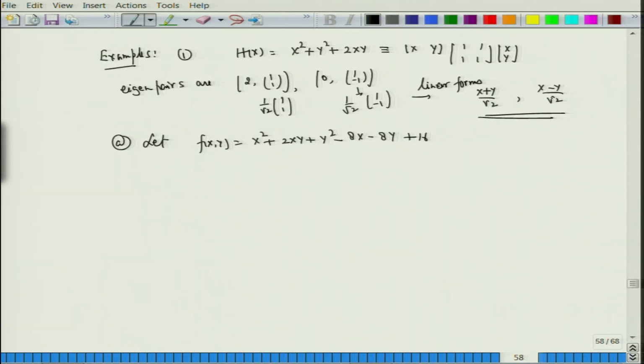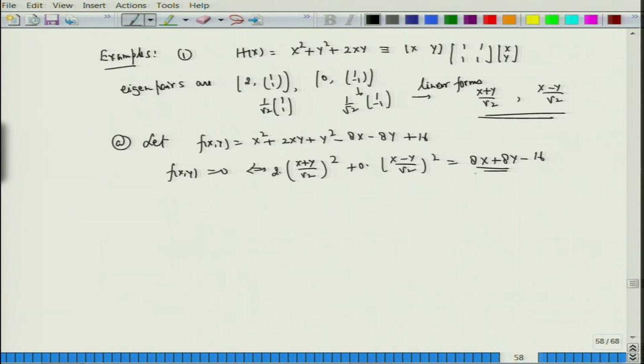So what I have written here is that f(x, y) equal to 0 is the same thing as looking at x plus y upon root 2 whole square, 2 times this, plus 0 times x minus y upon root 2 whole square. The x square plus y square plus 2xy part, this cancels out, you get this part, equal to 8x plus 8y minus 16. From here also I can take 8 common.